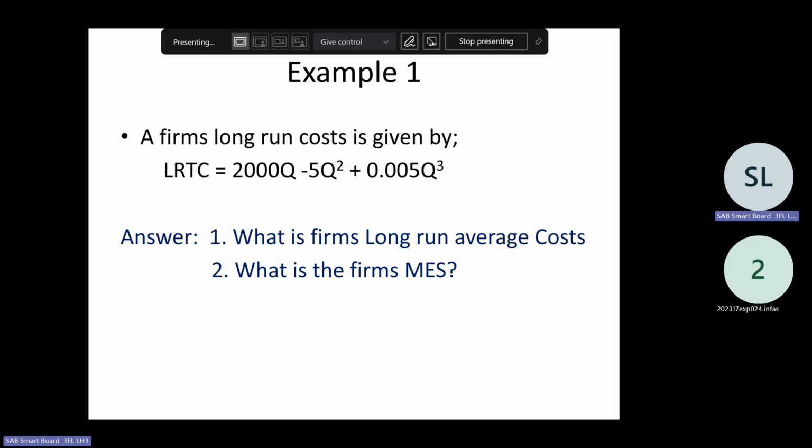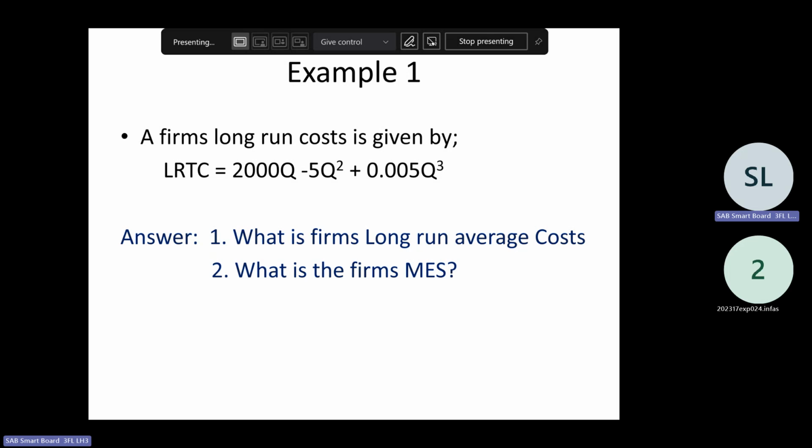So how do you calculate the average cost? Long run average cost. We have been given the long run total cost, so the average cost is found first by dividing LRTC by Q. We divide by the output level, so that gives the long run average cost. If you divide by the output, how much is the average cost?